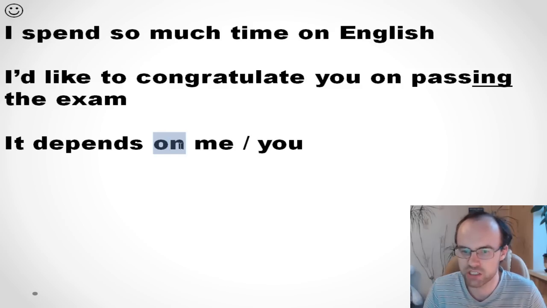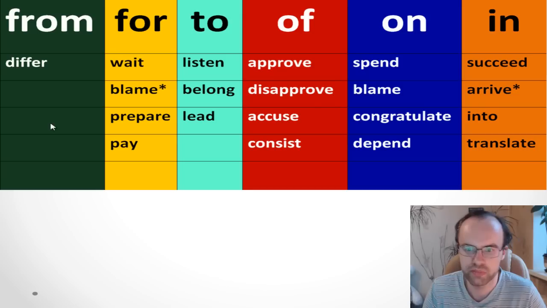It's incorrect. Only on. It depends on me. It depends on you. So it's in your hands. For example, I can say your success depends on you. So you determine your future. So, depend on. Good.